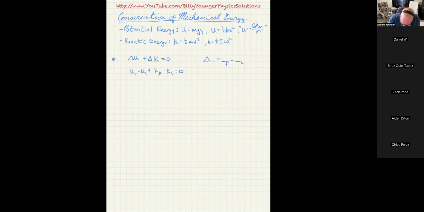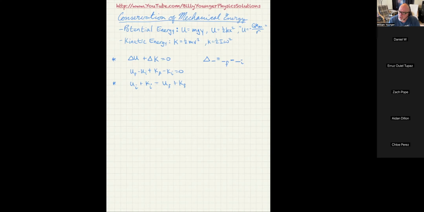And you can rearrange that to get U initial plus K initial is equal to U final plus K final. So that's another way that you could use conservation of energy, and it's also closer to the method that I use. Okay, but I just wanted you to understand that that's where that came from.